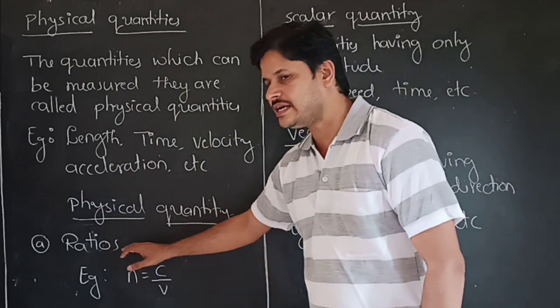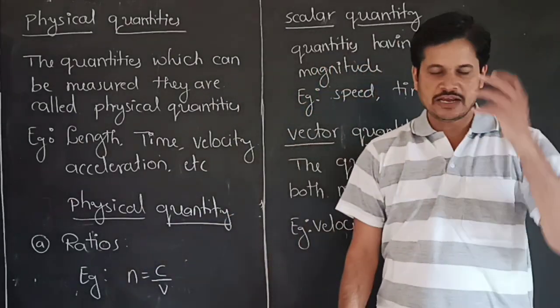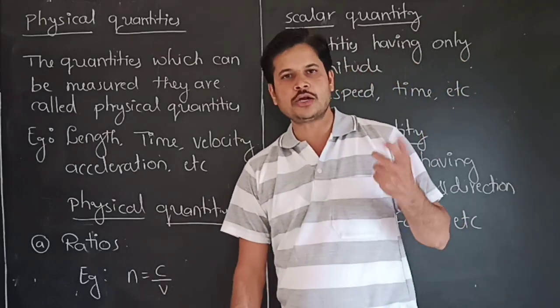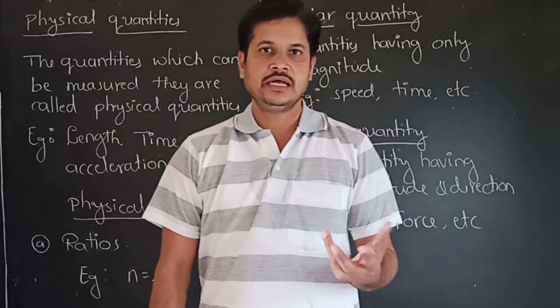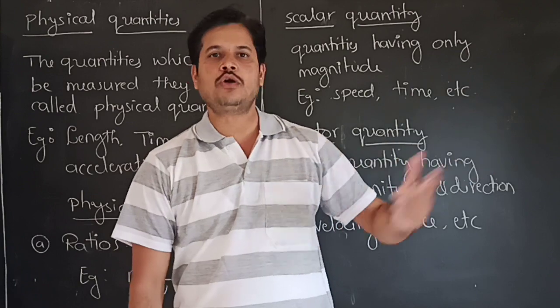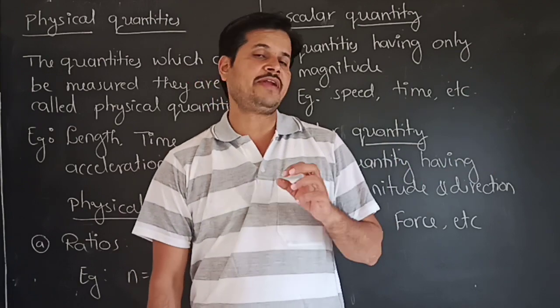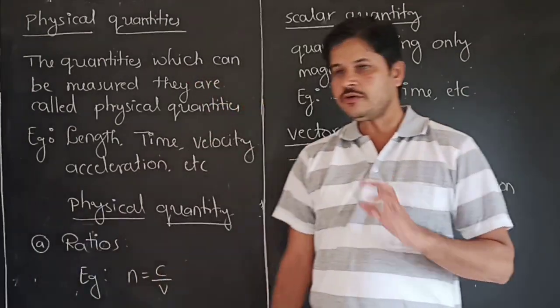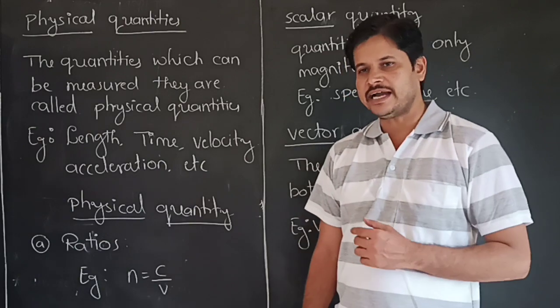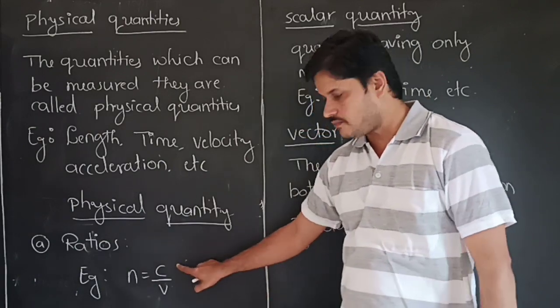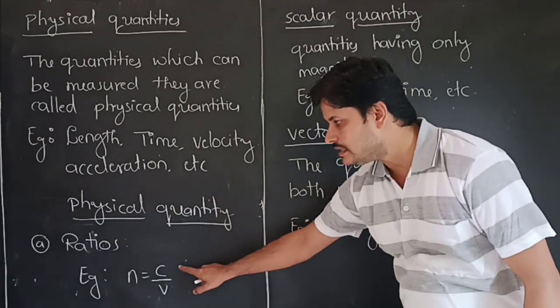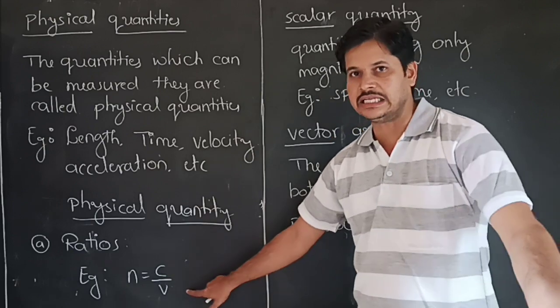Like the first one, ratios. Ratios means if we take the ratio of any two similar quantities, then we get a different physical quantity, such as refractive index. Generally we define refractive index as the velocity of light in one medium divided by the velocity of light in the other medium.